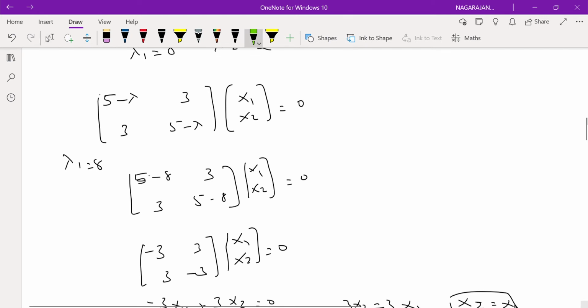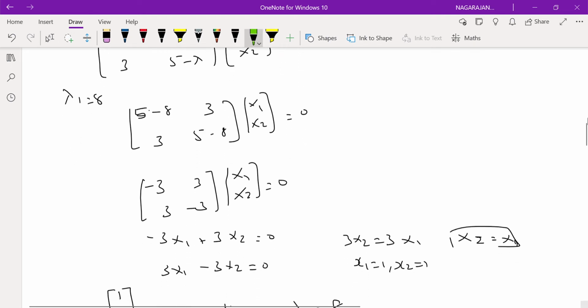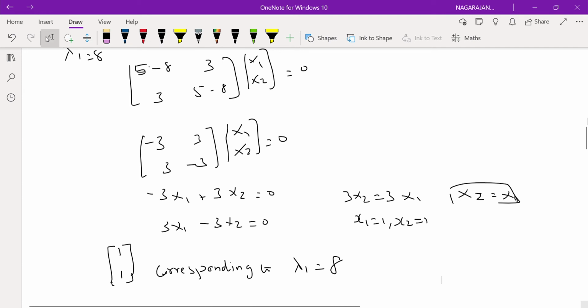So 5 minus 8 is minus 3: minus 3, 3, 3, minus 3, times x1, x2 equal to 0. These two equations are the same, so the solution is x2 equal to x1, arbitrary. For instance, x1 equal to 1, x2 equal to 1. So (1, 1) is the eigenvector corresponding to the eigenvalue lambda 1 equal to 8.